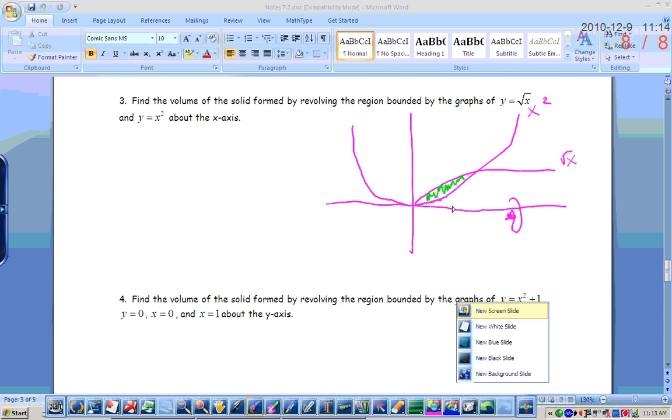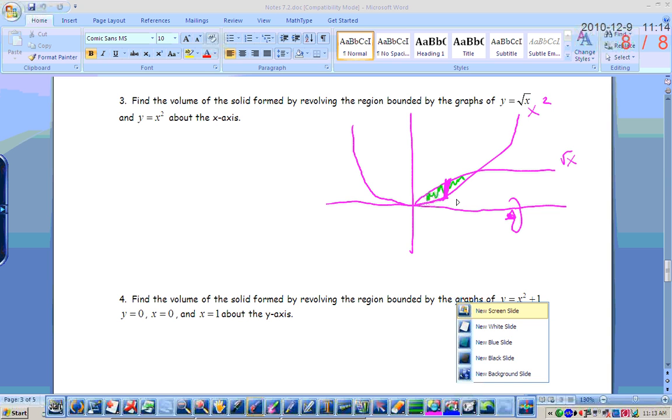Okay, now remember that your rectangle has to be perpendicular to your axis of revolution. So we're going to stick the rectangle right there, and that's dx. Your first job is to determine when you revolve that figure, are you going to have a hole in the middle, or is it going to be a completely solid figure? Okay, there will definitely be a hole in the middle of this one right here.